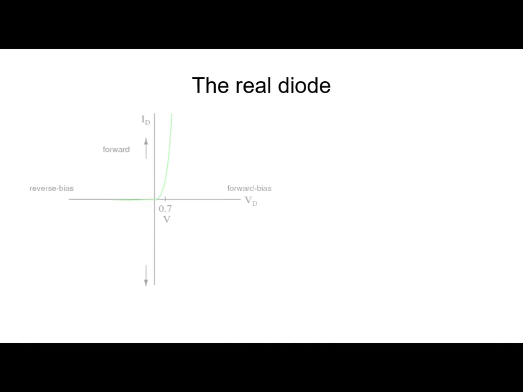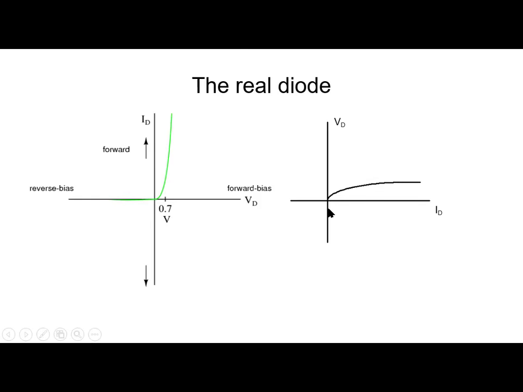In a real diode, when we apply a current through the diode, a voltage drop appears according to that exponential relationship that we have seen, Shockley's formula. Let me swap the axes ID and VD like so to emphasize the actual nature of the dependence of the drop in the diode on the current in the diode.